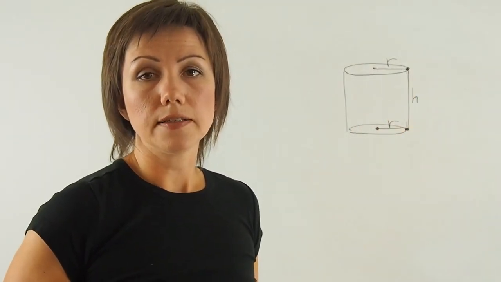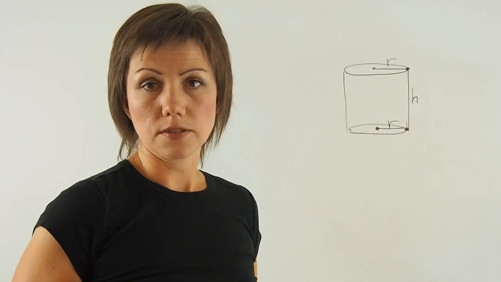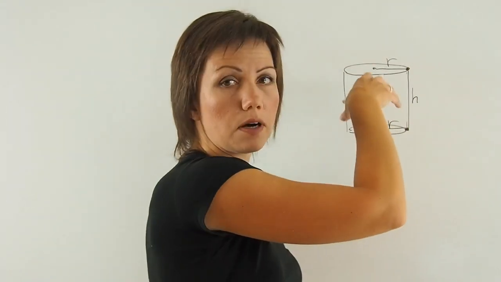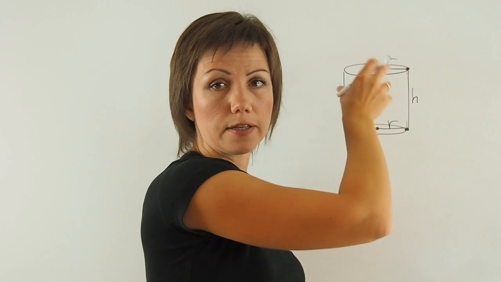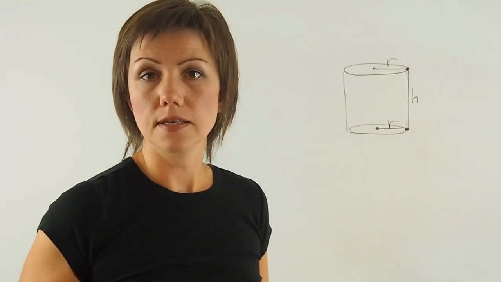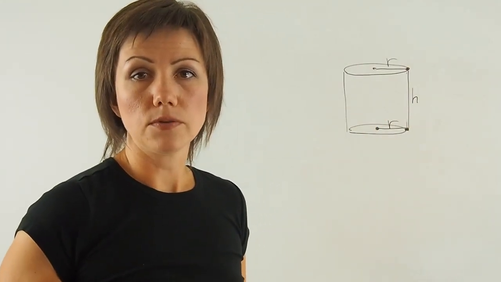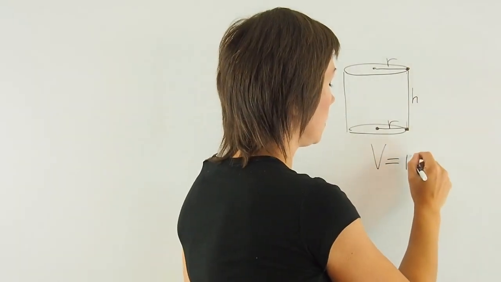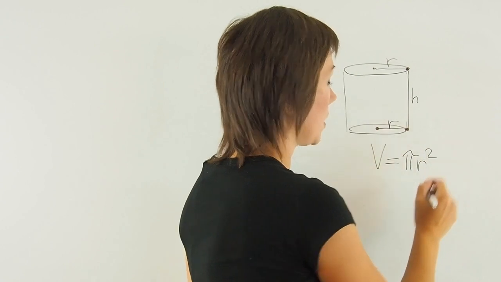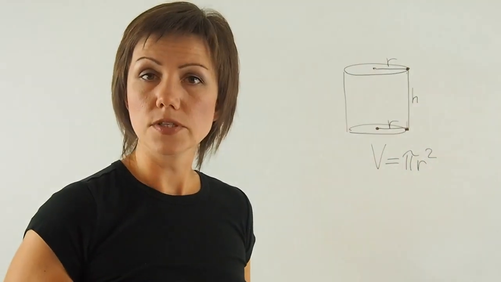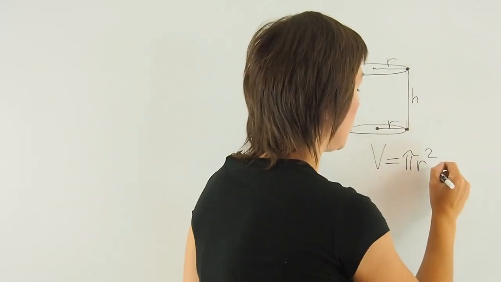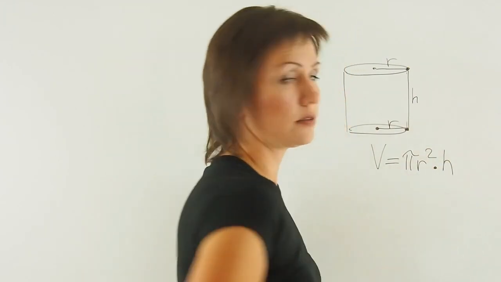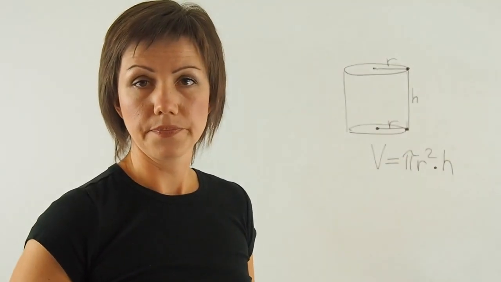In order to find the volume of the cylinder, how much of something it can actually fit inside, so the capacity of it, we use the following formula. Volume equals pi r squared, which is the area of a circle, times the height of the cylinder.